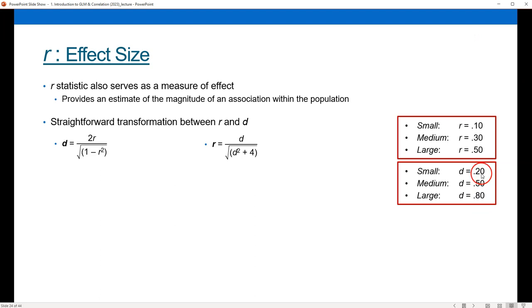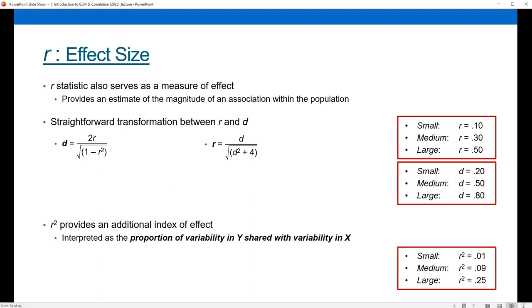So again, our benchmarks for small, medium, large d coefficient, and this includes Hedges' g, Glass's delta, that whole d family of statistics, but we can move back and forth depending on our purposes. So if you're reading a study and they've reported a Cohen's d, and you're interested in doing a meta-analysis where all the other effect sizes you have are Pearson correlations or r coefficients, you can move back and forth really easily.